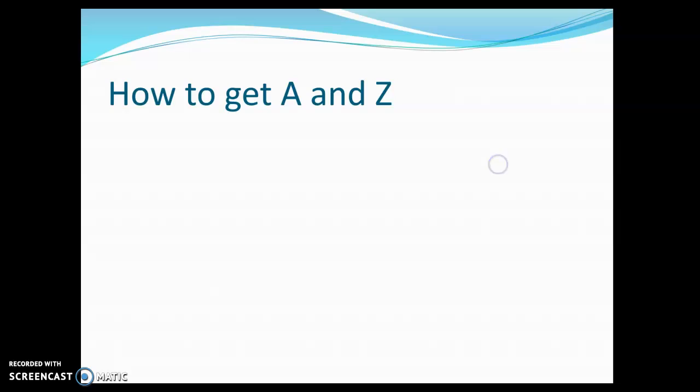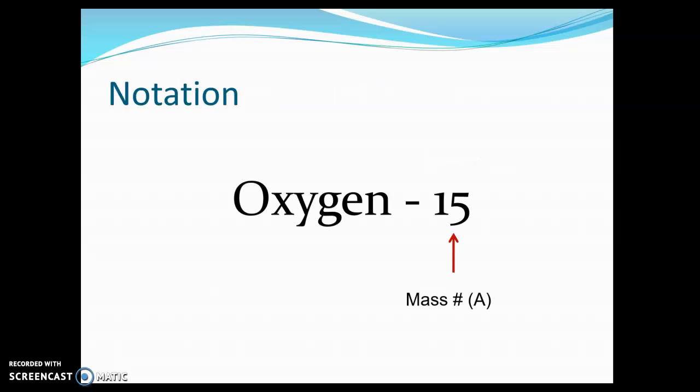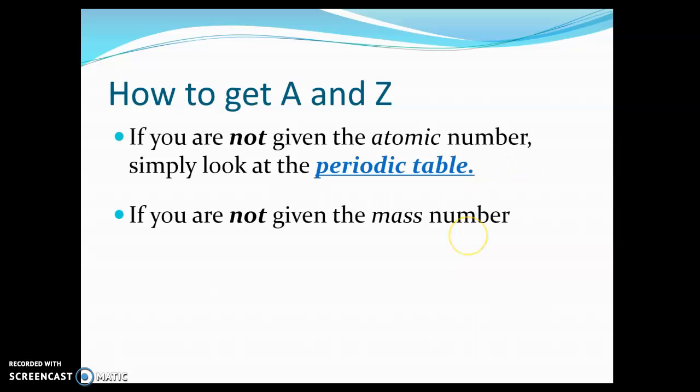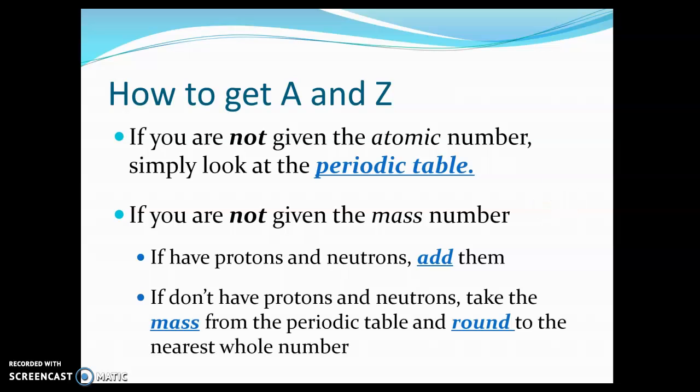All right. This is another notation. Sometimes they'll just write the name of the element, and they'll just give you the mass number. All right, so if you are not given the atomic number, just look at the periodic table. If you have protons and neutrons, then add them.